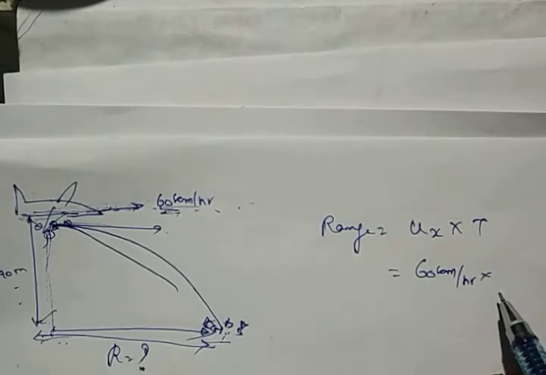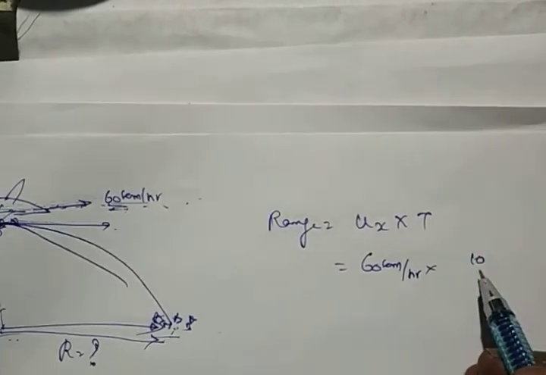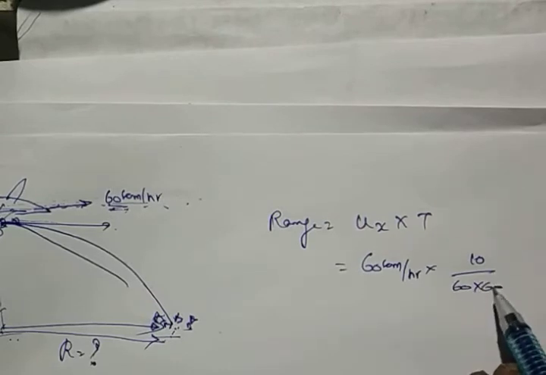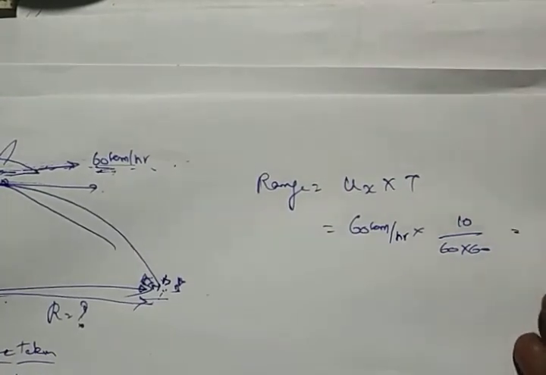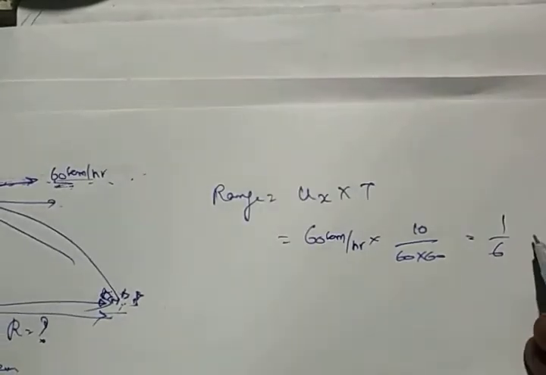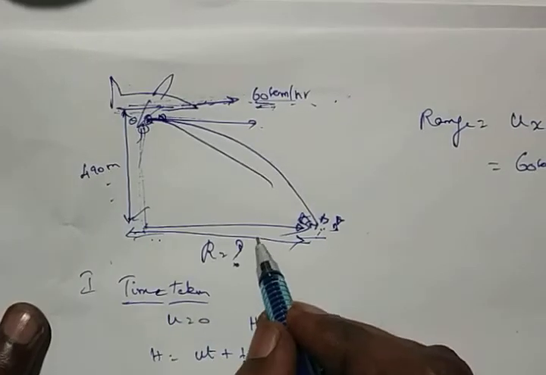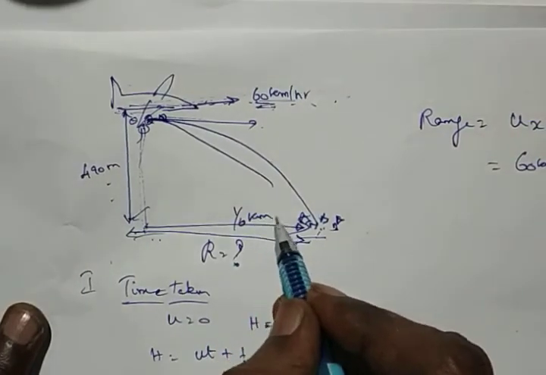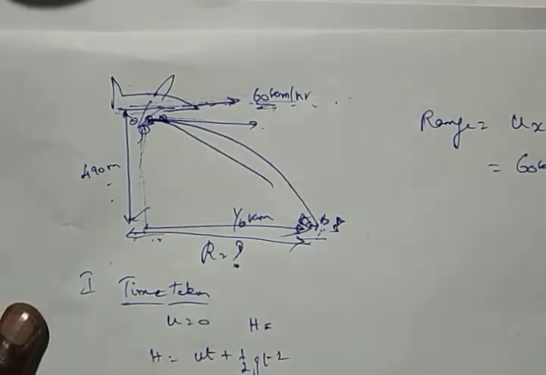Time is 10 seconds, right? If you want to calculate 10 seconds in terms of hours, it is 10 upon 60 into 60. So finally you will get the answer as 1 by 6 kilometers, that means 1000 upon 6 meters will be the distance here.